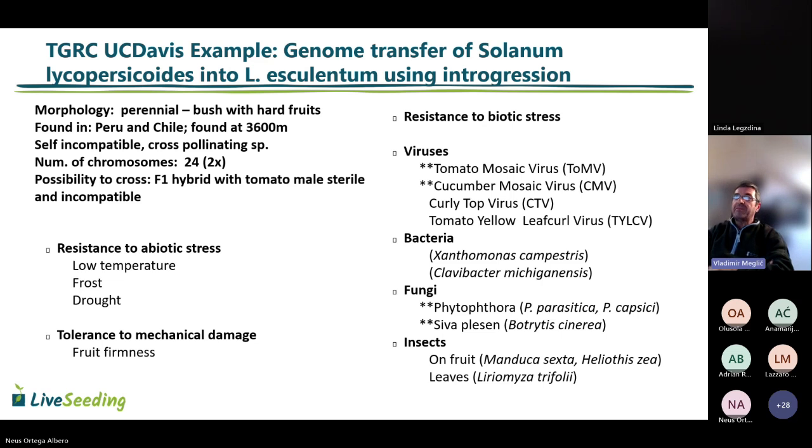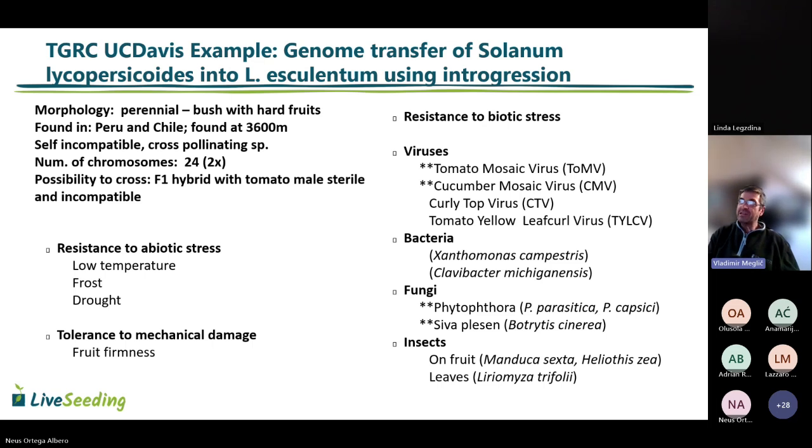And the advantages of Solanum lycopersicoides, there are several and really exciting ones. It's perennial, like a bush with hard fruits. It's found at high elevations. It's self-incompatible, but is a cross-pollinating species, and has the same number of chromosomes as tomato, and that's why it's possible to cross with tomato.